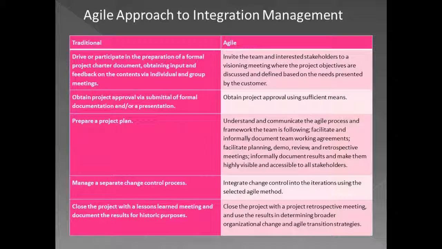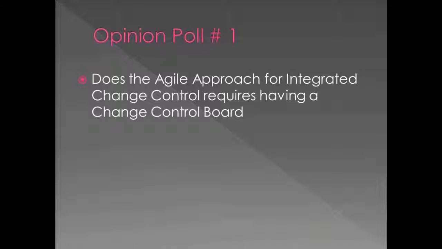Before we proceed with that, I just have a small poll question. So in PMBOK, we have what is called a change control board. So I just want to ask you whether we have something like a change control board, or does Agile really require having a change control board?